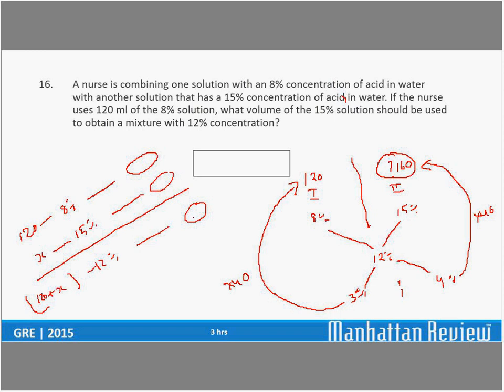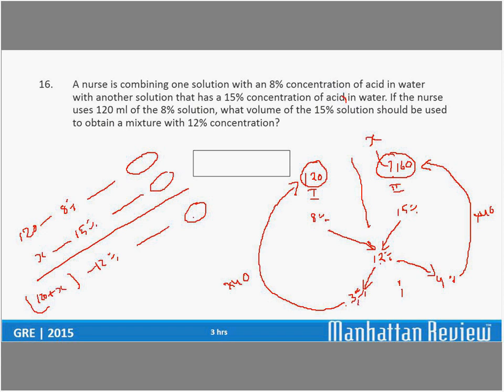Like 8% and 15%, and let's say this 12%. Then you write down the values here, and take the difference on the other side. 8 minus 12 is 4, you put it on the other side. If this is 3 portions, this should be 4 portions.